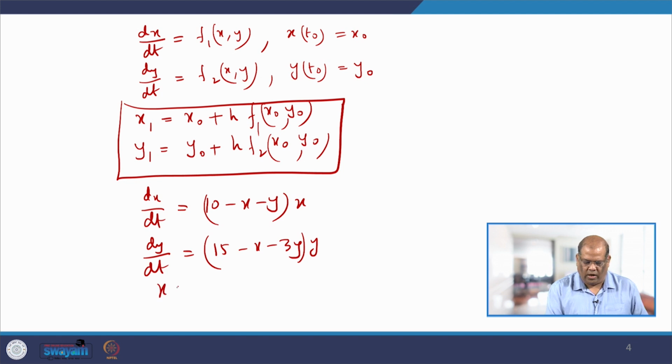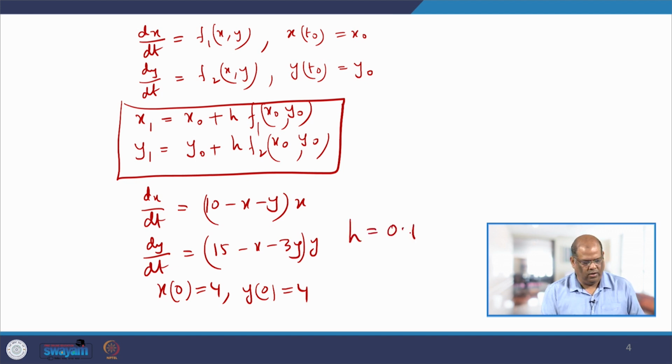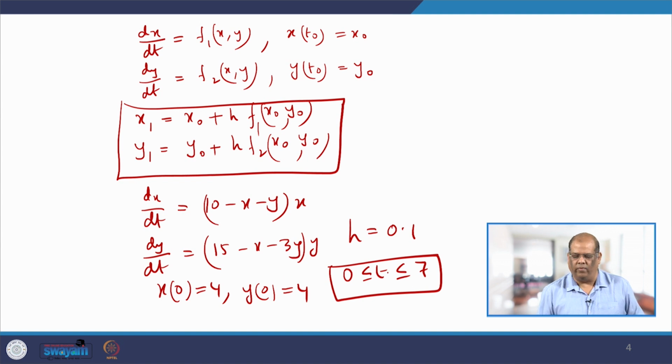Our initial condition x0 is 4, y0 is 4, and we take the increment h to be 0.1. This is the range for t. You can keep your t values in between.